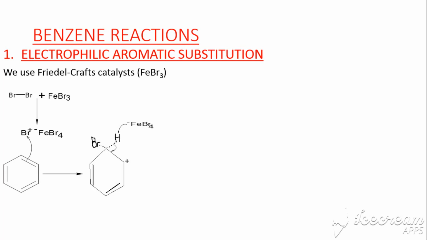The base, which is my FeBr4 minus, will then remove the hydrogen from the carbocation intermediate. The two electrons from the carbon to hydrogen bond move to reform the aromatic compound, and hence our result there.